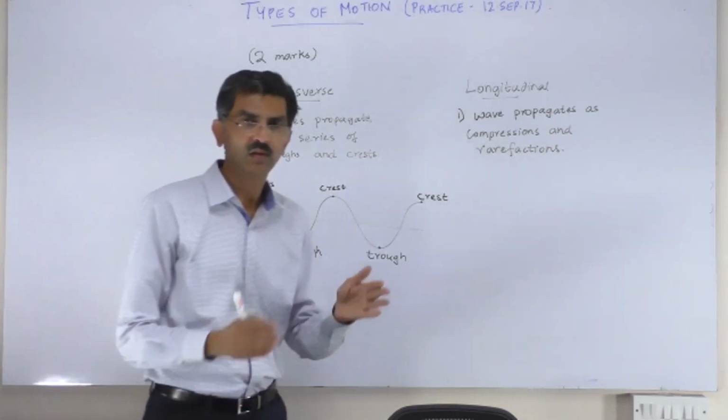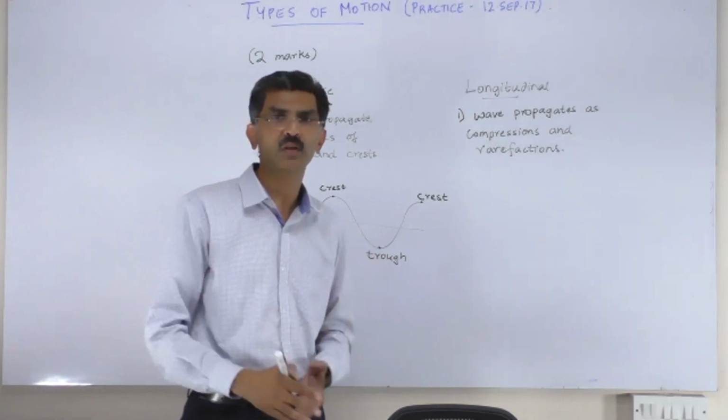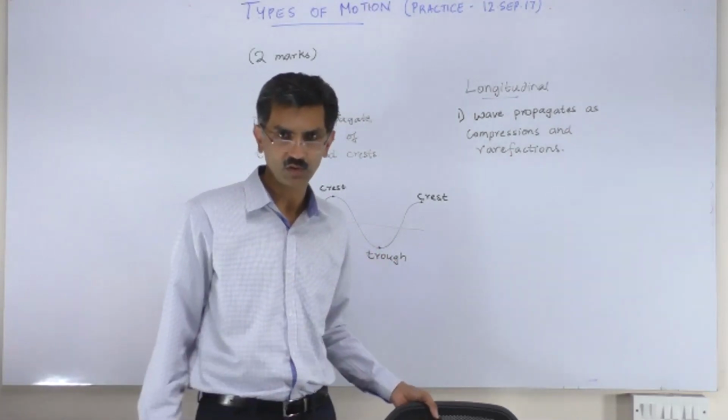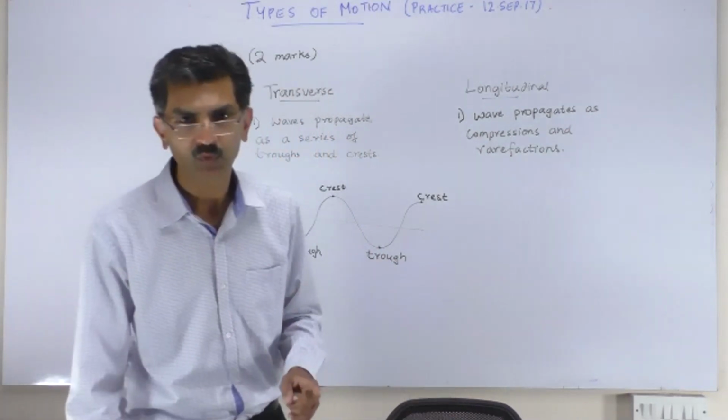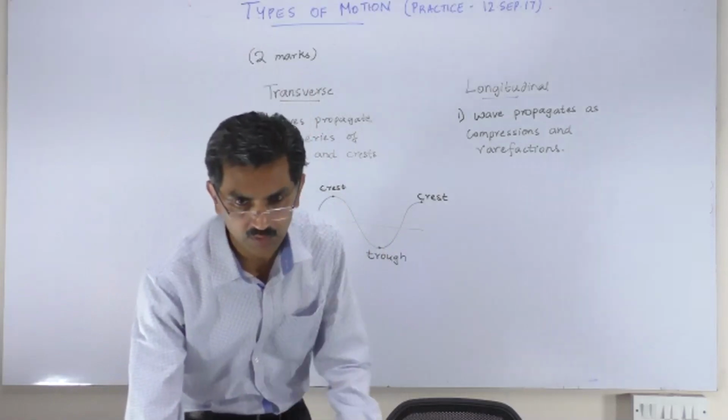What does it mean? There are areas of low pressure and there are areas of higher pressure. I will show you a short video here to make you understand better what areas of low pressure and higher pressure are. Take a look at this.